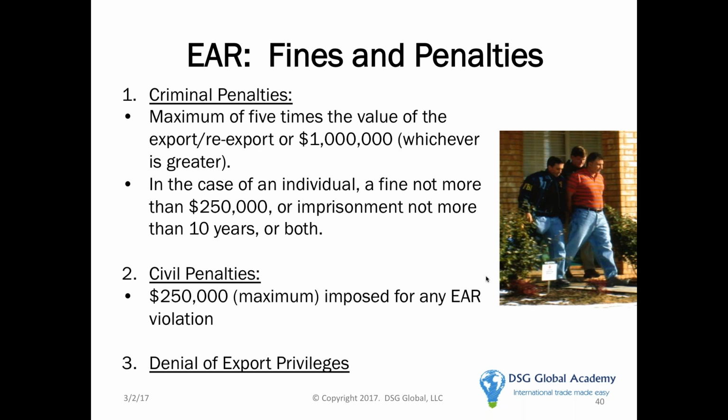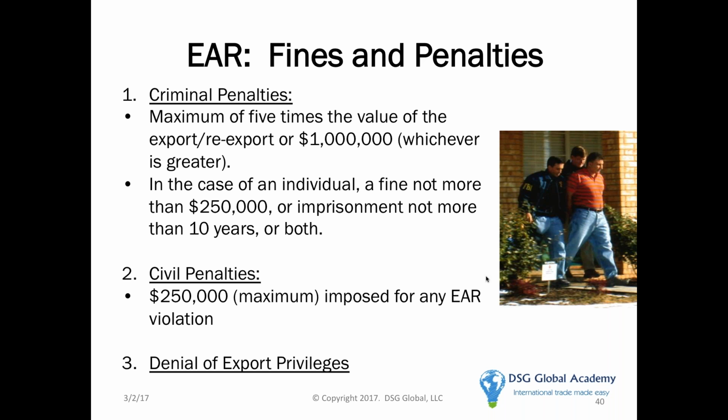At that time, the penalty was just $50,000 per violation, but almost overnight it became $250,000 per violation.